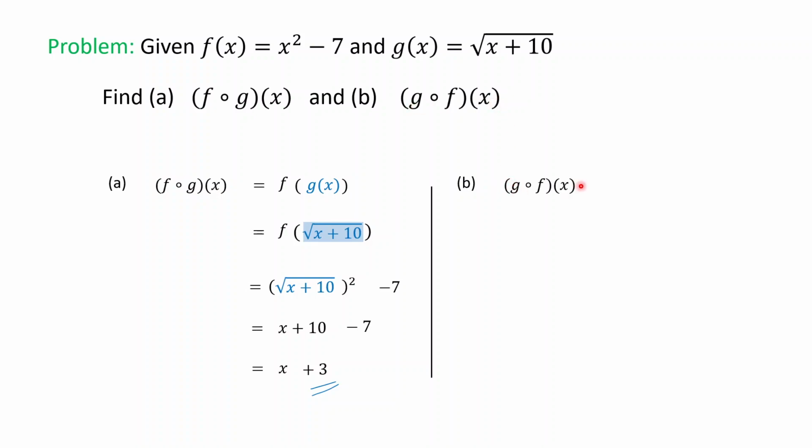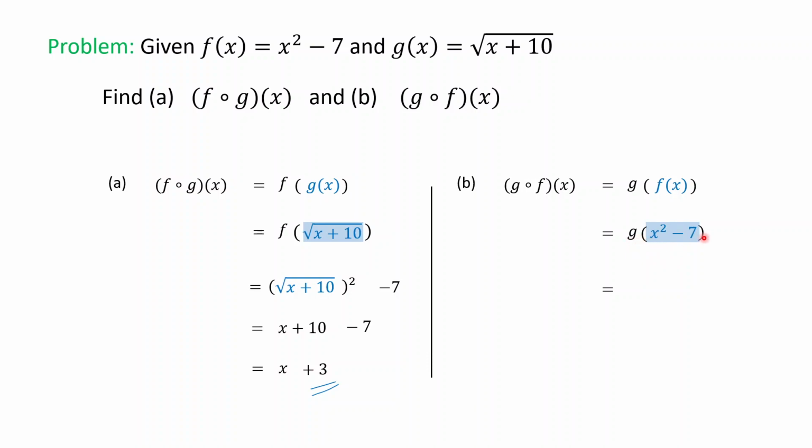Now we do this one. Write this. This is equal to g of f of x, which is this, x squared minus 7. You put that, close the parenthesis. This is equal to, so here you have g is this, and inside you have this.